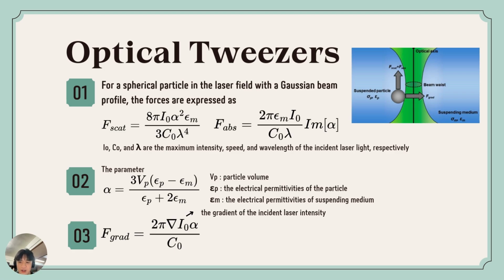Then the particle is attracted toward the region of highest laser intensity by the gradient force. On the contrary, when the alpha value is negative, the particle is repelled from the highest intensity region.